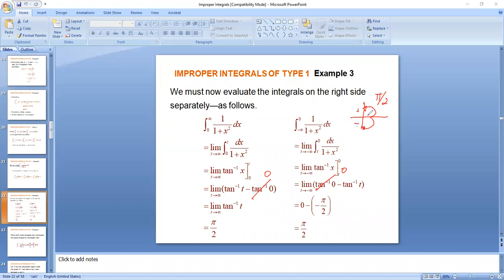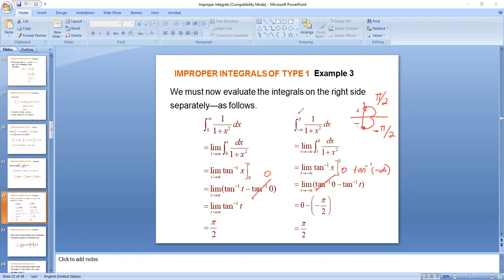Negative over any value would be negative. That is why you have negative infinity for this one. You place here arctan of negative infinity. What angle will yield a tangent which is negative infinity? That would be negative pi over 2, or negative 90 degrees. This is minus, so negative of negative would be positive.